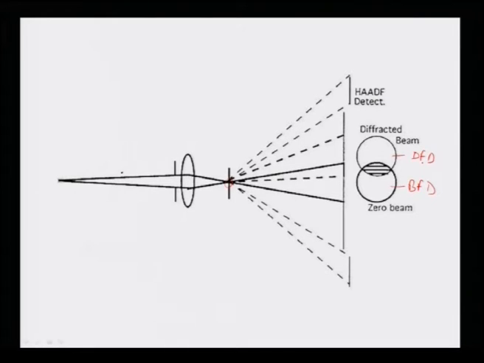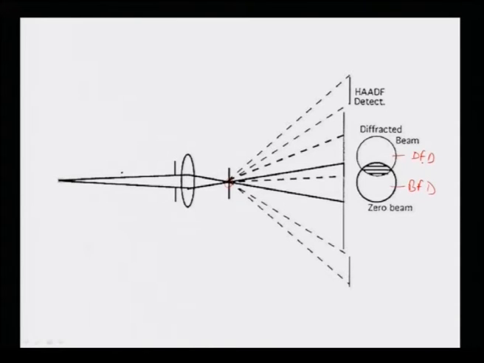As the collection efficiency is high for dark field, image quality is better. In many cases resolution is also better, because the beam coming out after diffraction contains information having very high resolution.